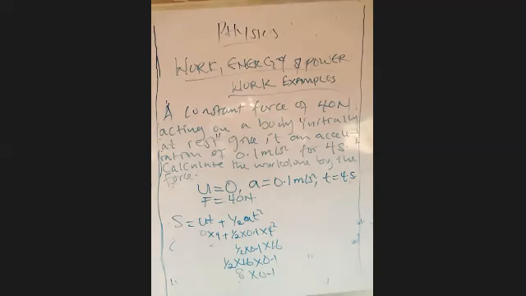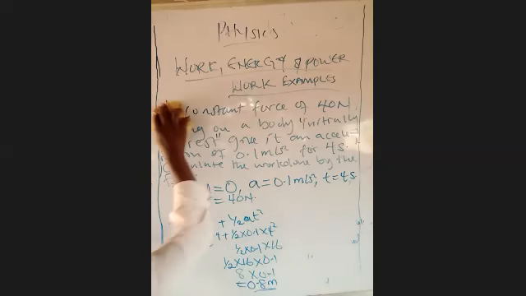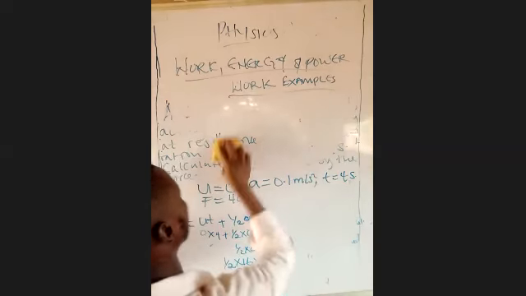Let me press my calculator. 8 times 0.1 is 0.8 meter. By getting this, we can now find the work done.